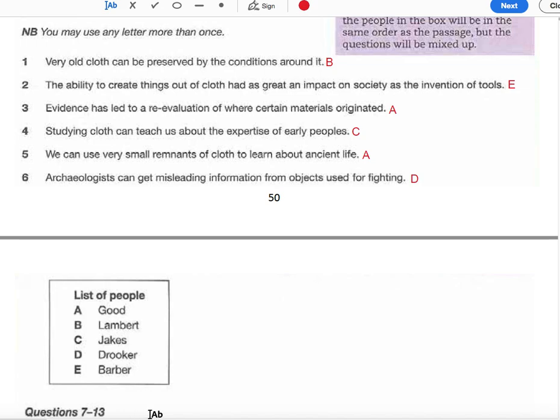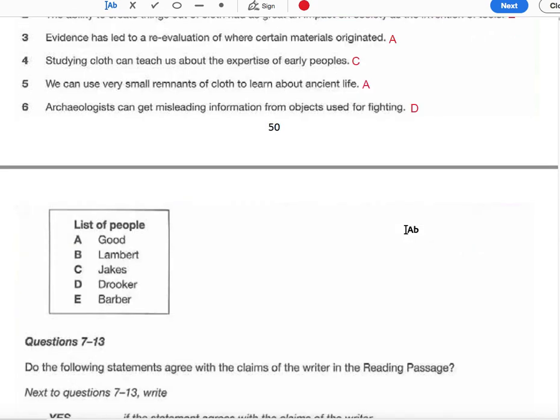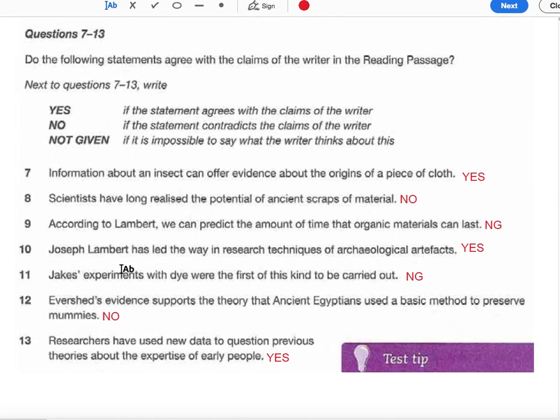I do remember that in some cases, the researchers or the choices are in order, but not the questions. So let's keep that in mind. Yes, no, not given. It did follow a linear pattern. And also, this was really good about the not givens, right? They were between those answers.